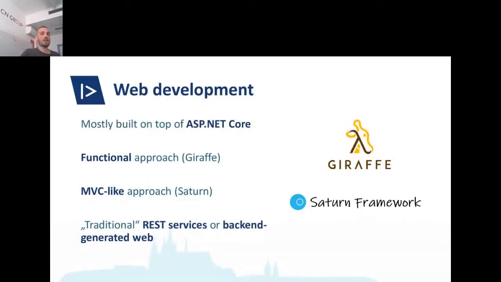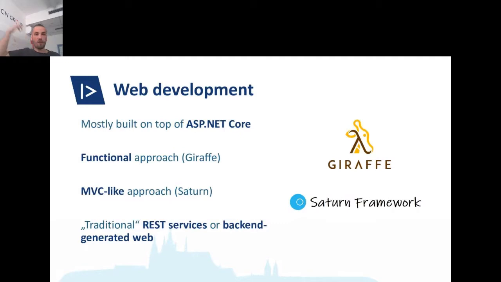I already mentioned ASP.NET. It's there, ASP.NET Core, or how do you want to call it now in .NET 5? I don't know actually. Just ASP.NET maybe. But what is really cool is that there are libraries available for working on top of the ASP.NET framework.